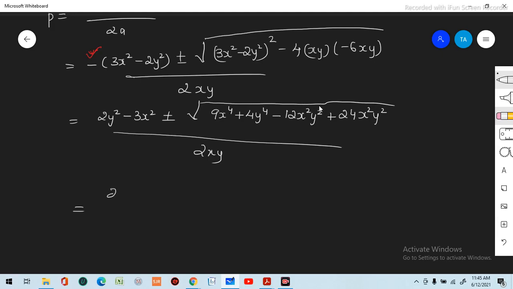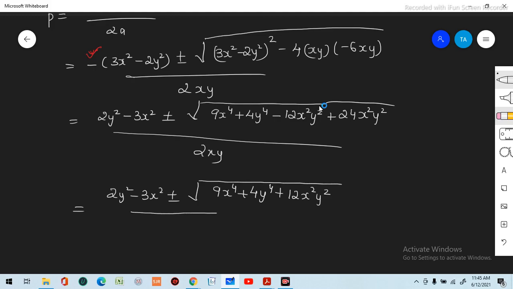Solve further. 2y square minus 3x square plus or minus square root of, rewritten, 9x power 4 plus 4y power 4 minus 12x square y square plus 24x square y square, which gives plus 12x square y square, whole divided by 2xy.